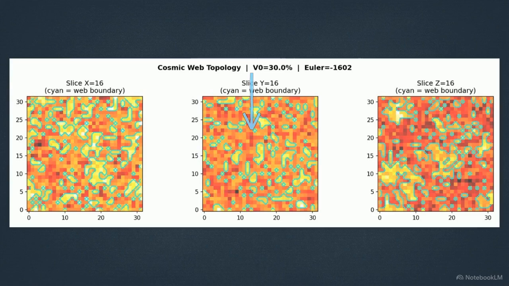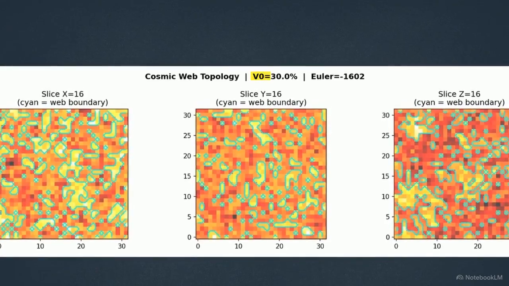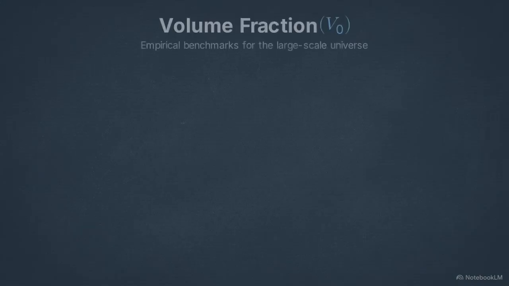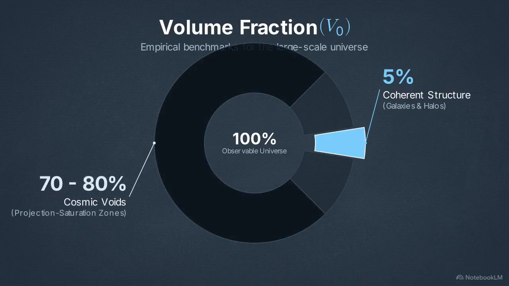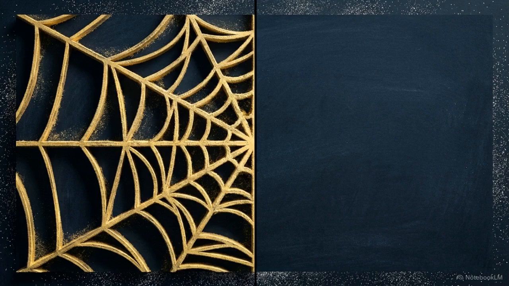By calculating the volume fraction of the manifold occupied by this coherent structure, the simulation returns a value of exactly 29.97%. In the observable universe, roughly 5% of the volume is occupied by galaxies and halos, while 70 to 80% is dominated by void. The information manifold model produces this approximate 30-70 split organically, without parameter tuning.